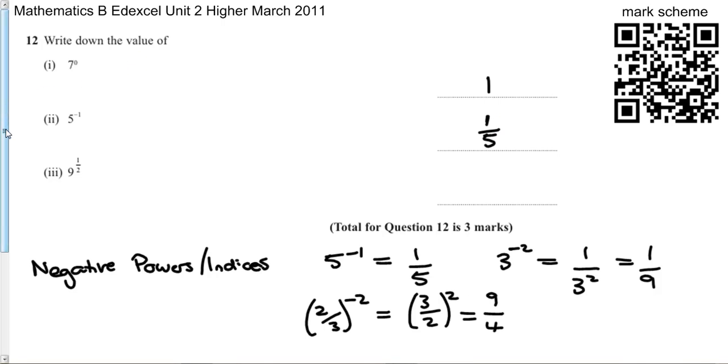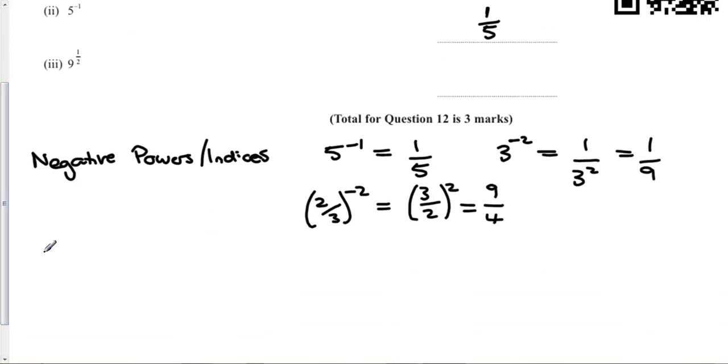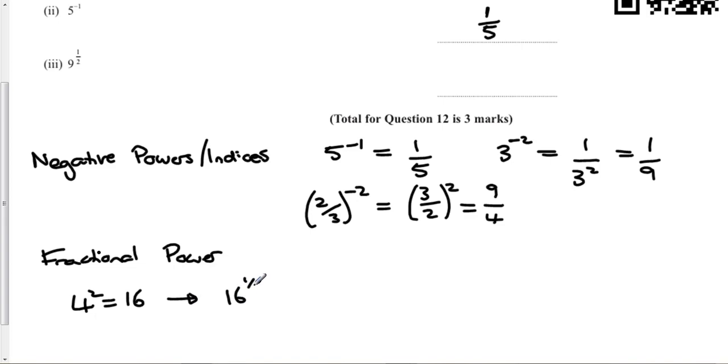The final part is looking at fractional powers, and fractional powers are things like square root, cube root. So 4 squared is 16, and therefore that means that 16 to the power half is 4.